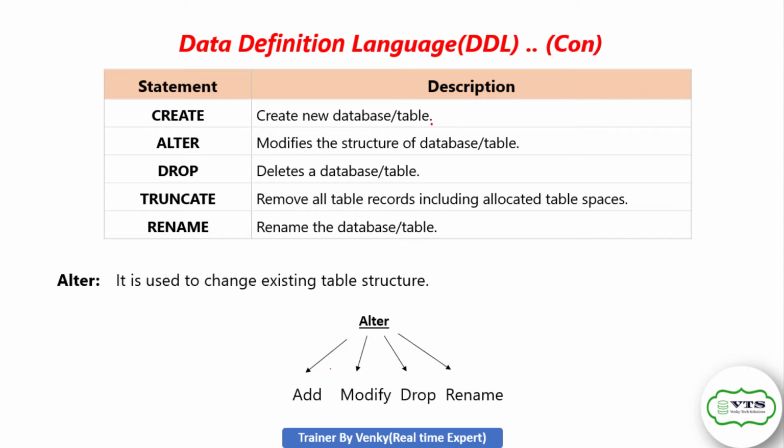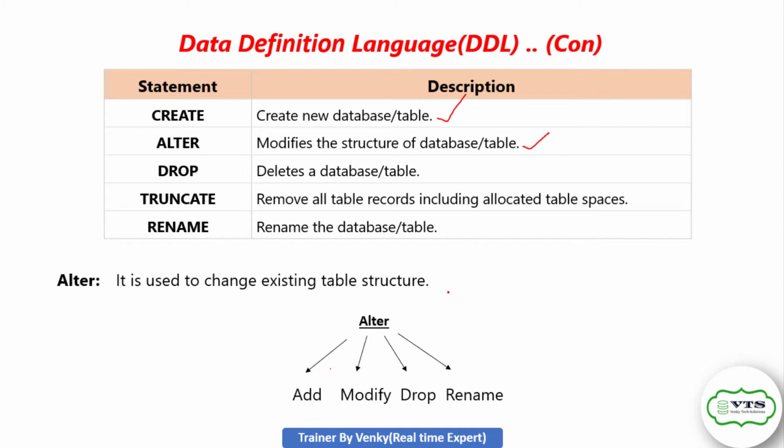In the previous video we learned about the create command. In this video we will learn about the alter command. The alter command is used to change the existing structure of the table or the database object. We will see practically how to use this alter command and how it will change the structure of the object or table.